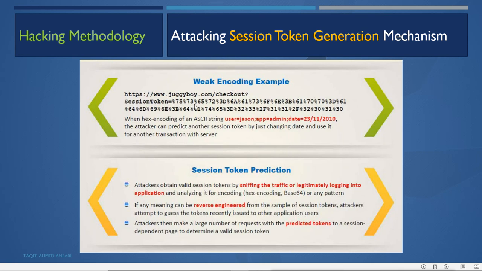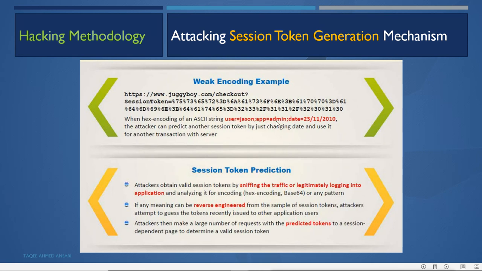You can see the checkout session token is like this. It is very weak here. It is actually hex encoding of an ASCII string: user equals this, app equals admin, date equals this. So this is converted into hexadecimal numbers, and if you convert it into normal ASCII, you can see this.